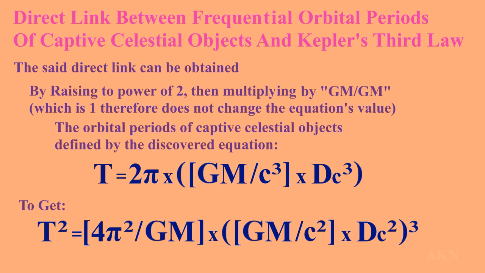The two mathematical operations lead to the revelation of a new equation of the frequential orbital motion quantization mechanism, as shown here. The reason for the multiplication by GM over GM is that its value is just 1, therefore does not affect the equation itself, but reveals Newton's term for pi squared over GM.